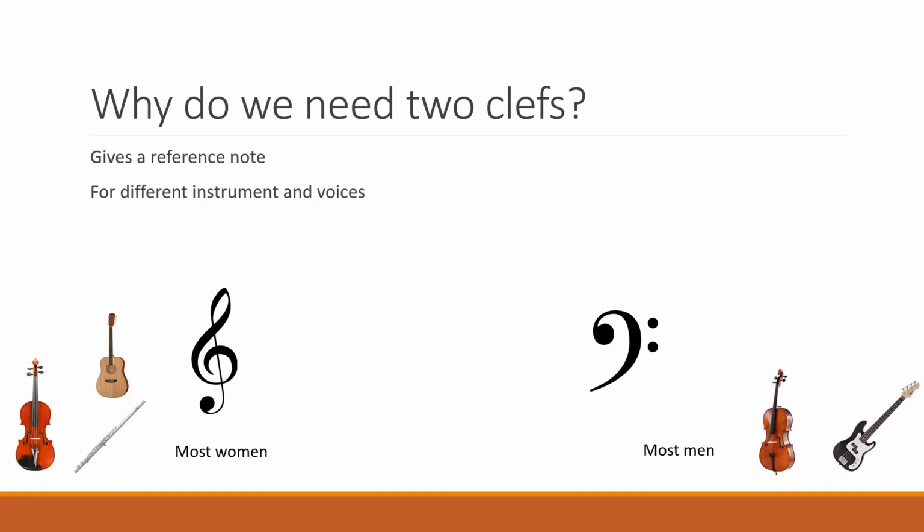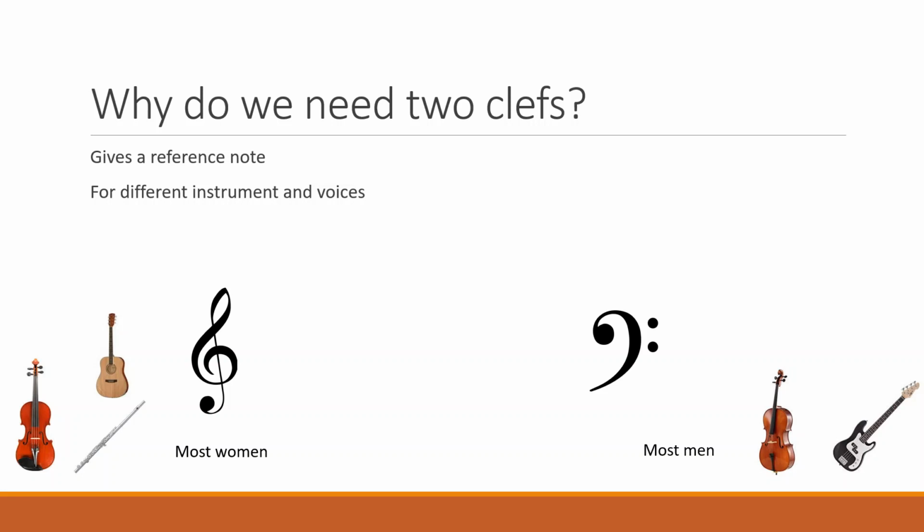But why do we have 2 clefs, or well, even 3? Well, there are different instruments and voices. If you would have a violin or a flute, those instruments are quite high, or relatively higher, at least higher than, for example, a bass guitar or a cello or a bass trombone.